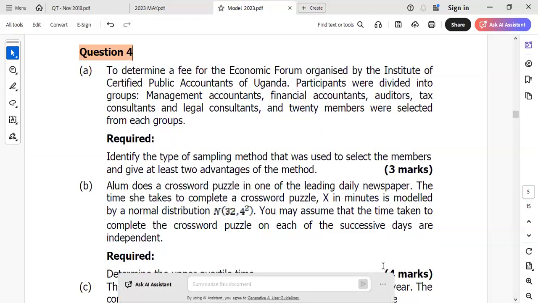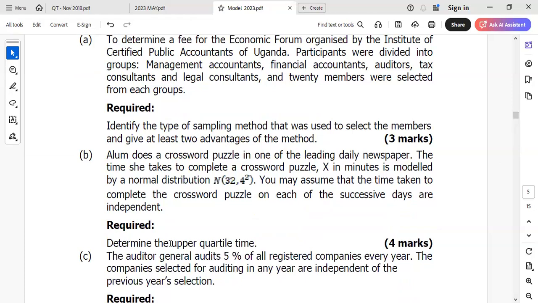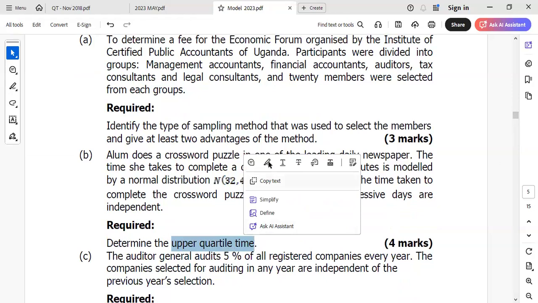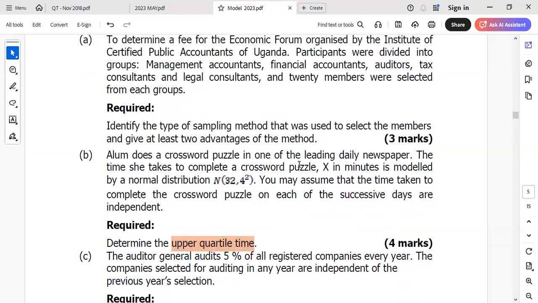You have 4 marks. You are told to determine the upper quartile time, where the examiner has said that X in minutes is modeled by a normal distribution. Already, this is what I was telling you. X is a normal distribution.